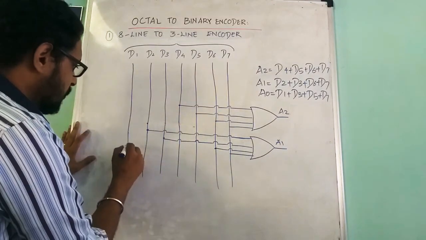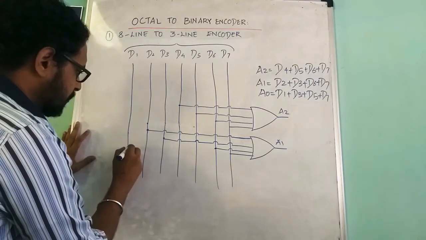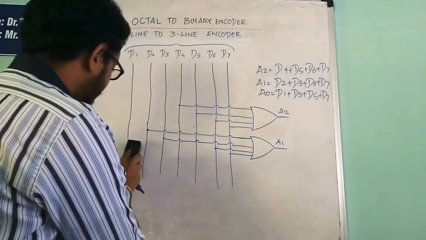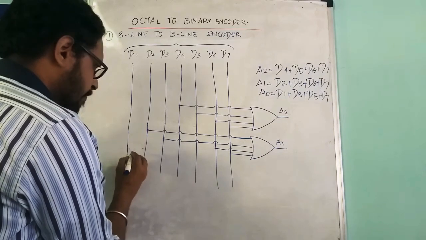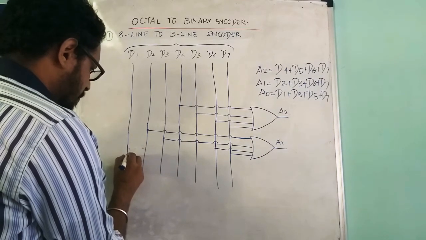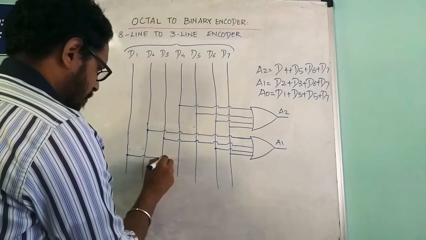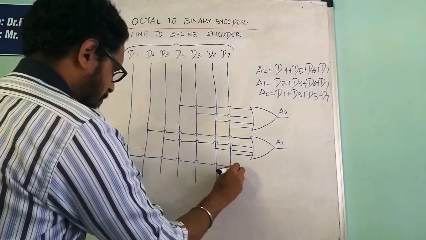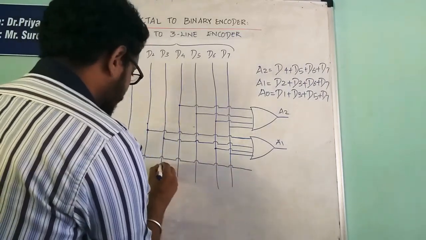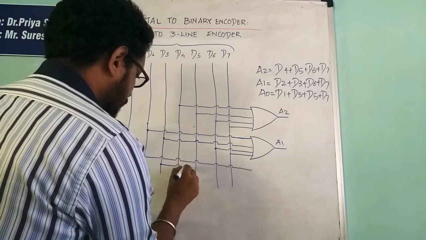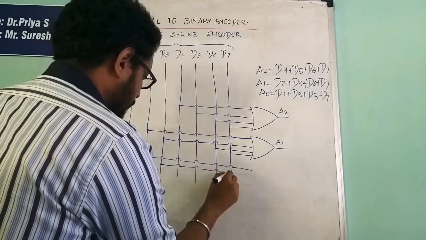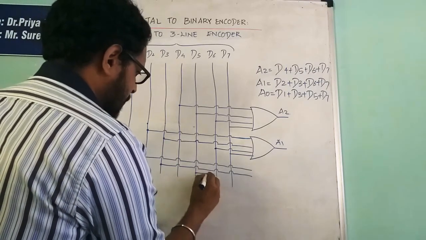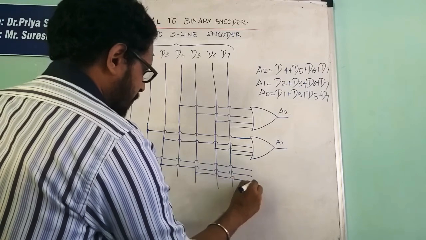Next we have A0, which is D1, D3, D5 and D7.